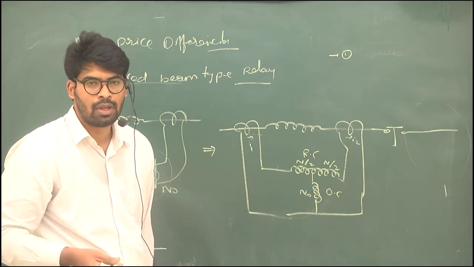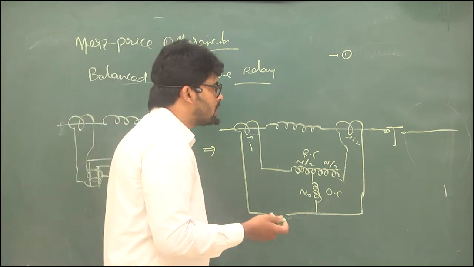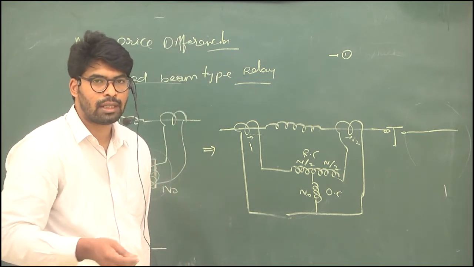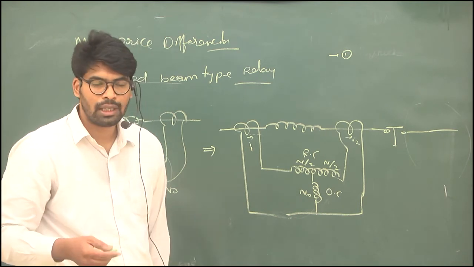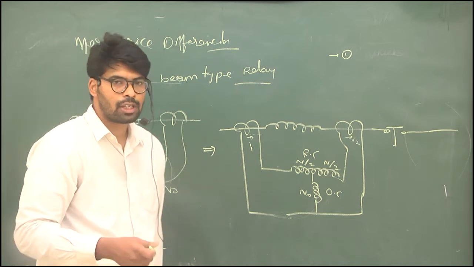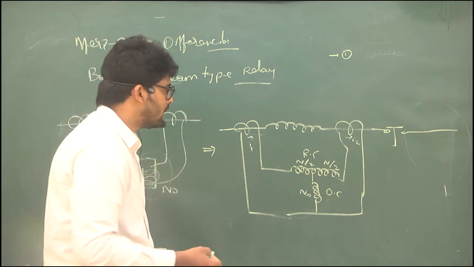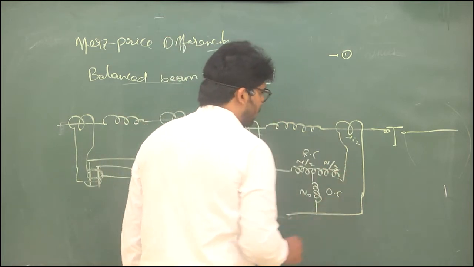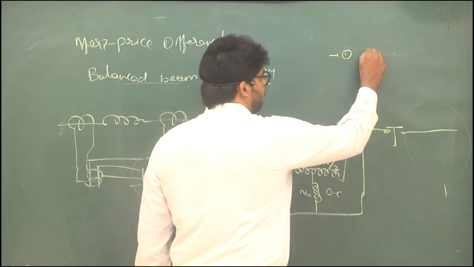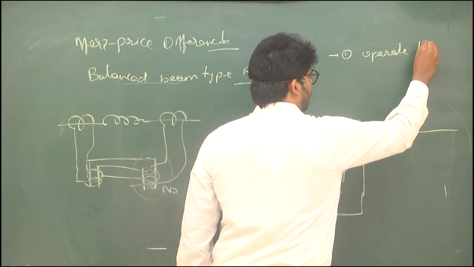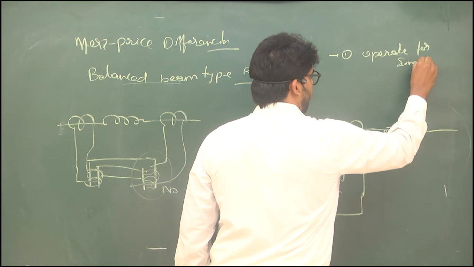If the relay operates for small or false faults, it takes time to recover again. Therefore, for small faults, it doesn't operate. For that reason we use the beam type.